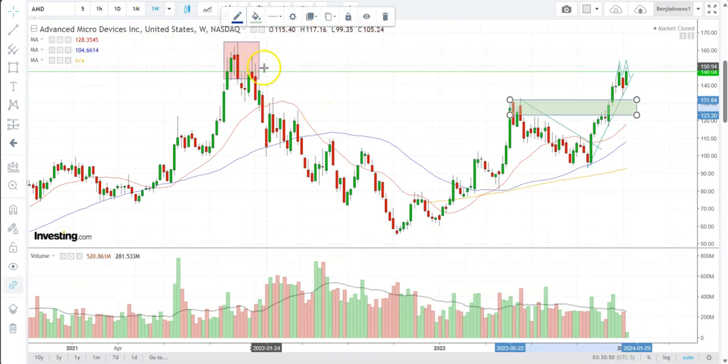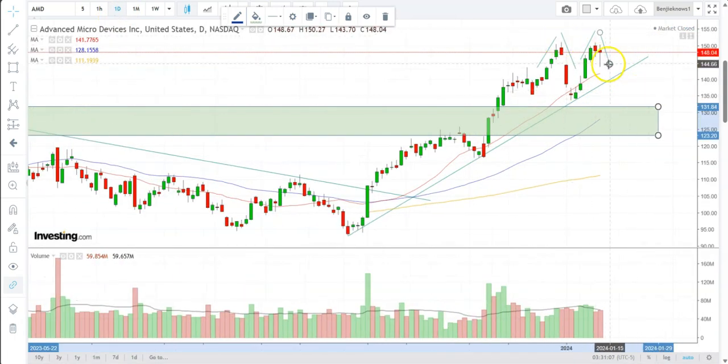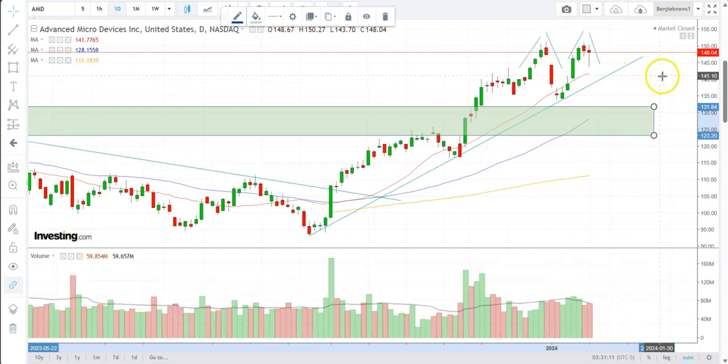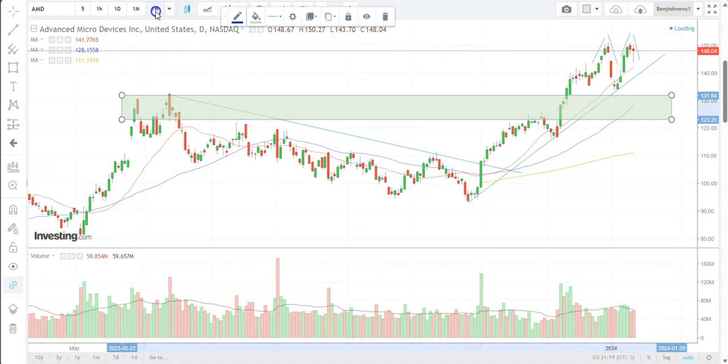Now what about the resistance over here? There is a move up here, and this move up here might have absorbed enough of the supply here. So if there is a continuation pattern that develops in this daily chart, let's say an ascending triangle, most likely if it breaks out of this ascending triangle or any continuation pattern, it will overcome the previous high.